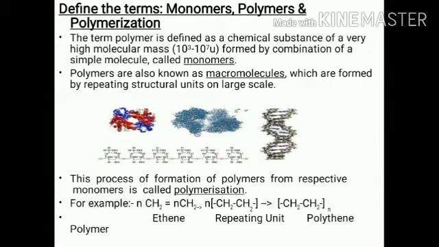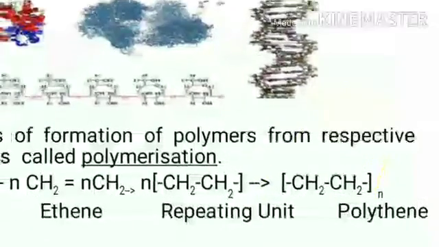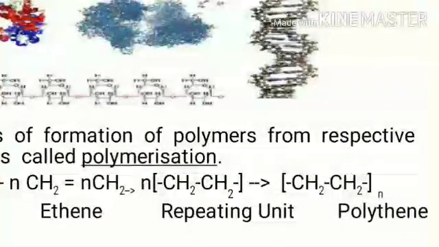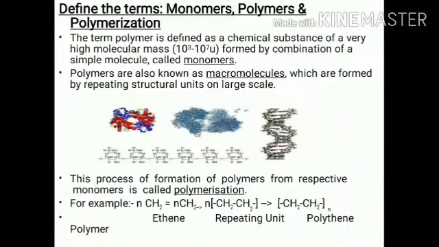You can see the chemical formula CH2=CH2; when n molecules of ethene combine to form polythene, the double bond becomes a single bond, CH2-CH2, with one bond free on each end, so that many monomer units of ethene molecules are combined.